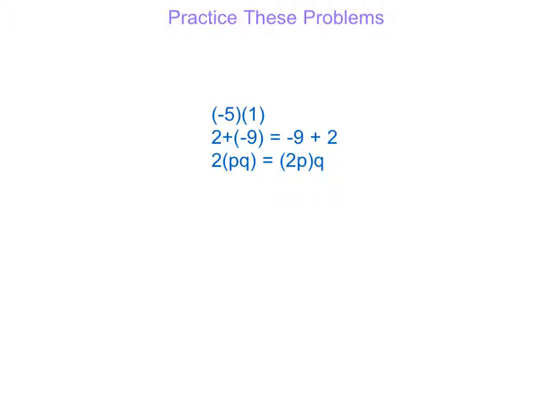Which of the properties are we talking about there? Please make sure you write those answers down. Finally, 2 times P times Q together is the same as 2 times P together times Q. Which property is being used there? Be prepared to share all 3 of those tomorrow in class.